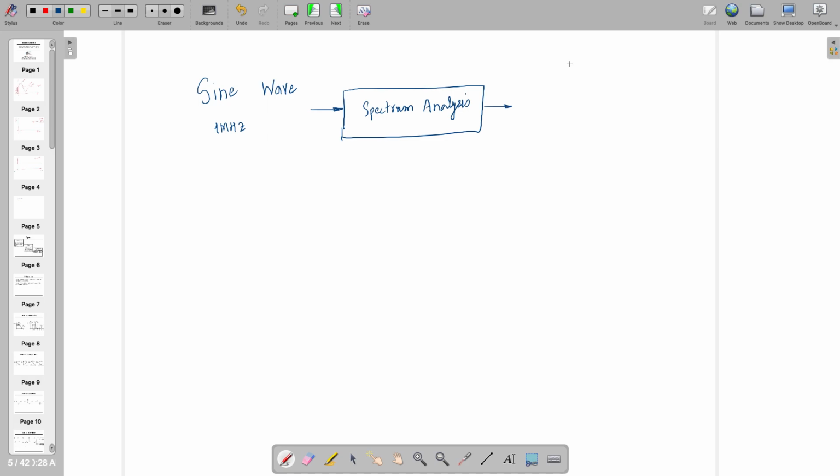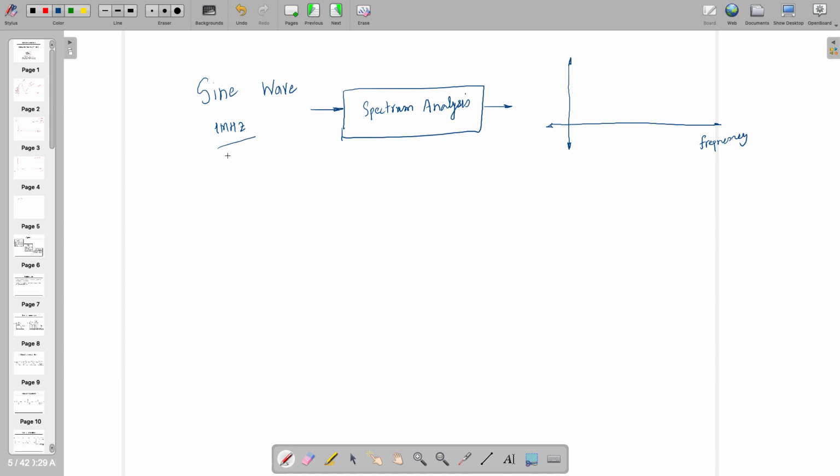So it will display everything with respect to frequency. That instrument is known as spectrum analyzer. If it is displaying with respect to time, it's known as DSO or CRO. But the one which displays with frequency is known as spectrum analyzer.